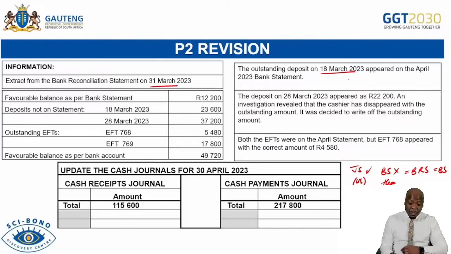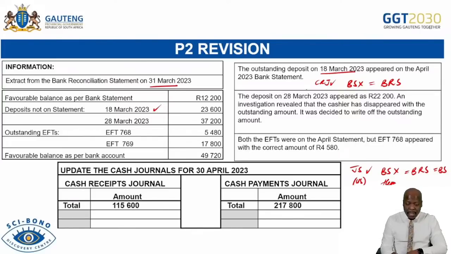So the outstanding deposit appeared on the April 2023 bank statement. So if it's an outstanding deposit, that means it was in the CRJ, but it was not on the bank statement. Now they're telling us that it has appeared on the bank statement. It was not on the bank statement, so we had put it in the BRS, as you can see here, on 18 March.